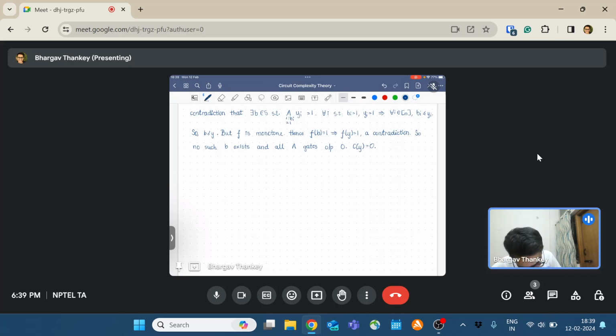The second problem is to show that any function computed by AND and OR gates is monotone.